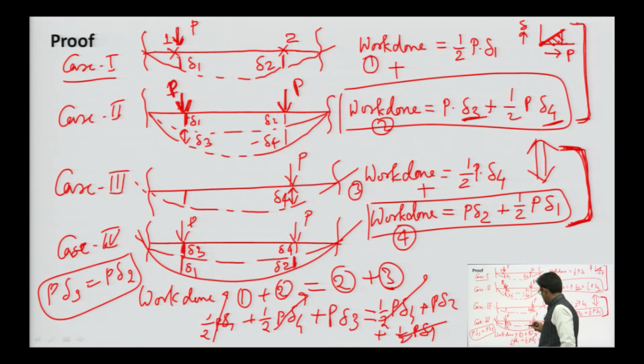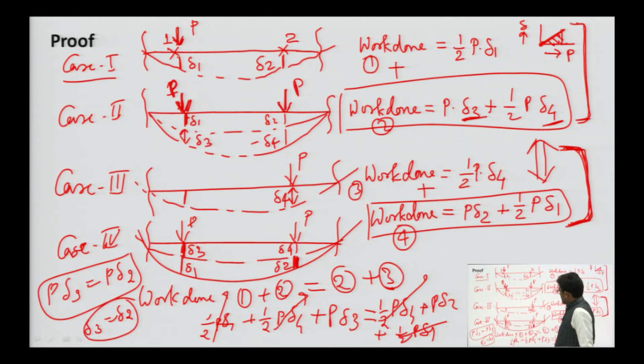This one is equal to this one. Means we have del 3 is equal to del 2.